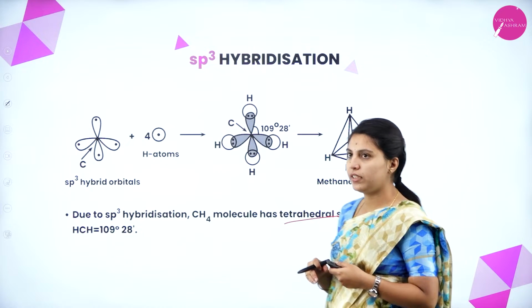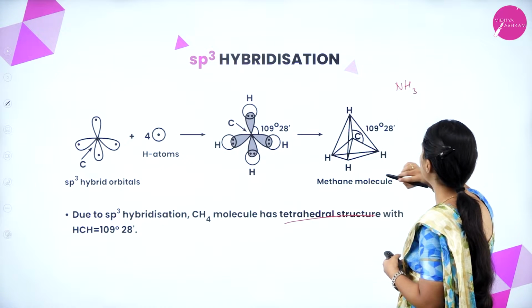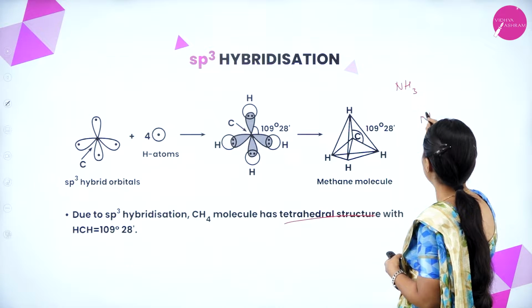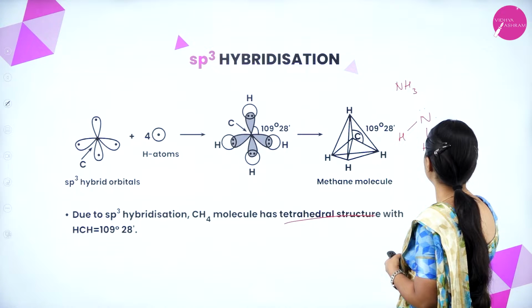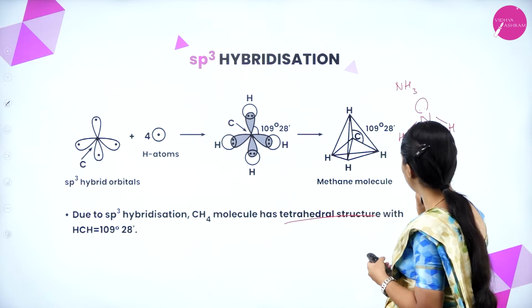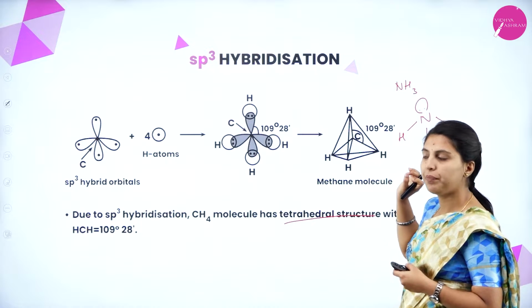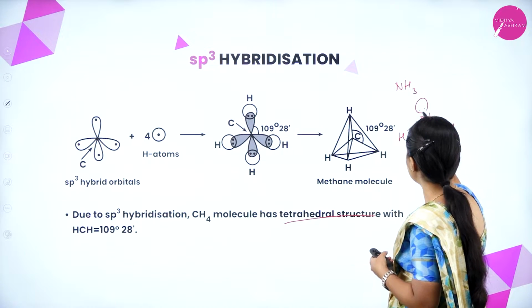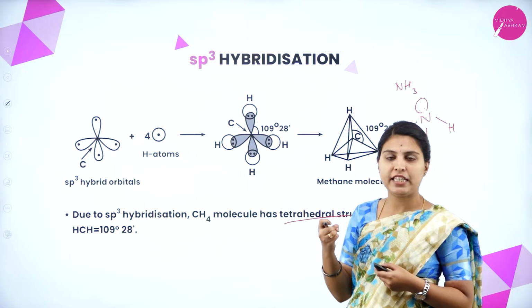Another one you can see here, ammonia, NH3. Nitrogen, overall 5 valency is there. This is one lone pair of electrons. Usually it should form a regular tetrahedron itself, but due to this lone pair of electrons being present, repulsion will take place.